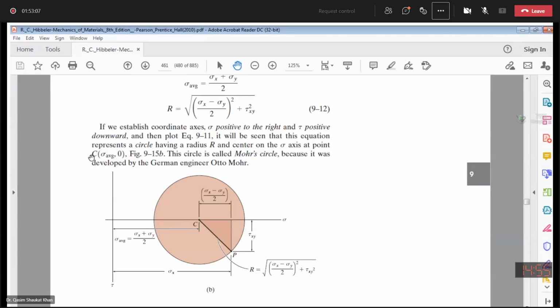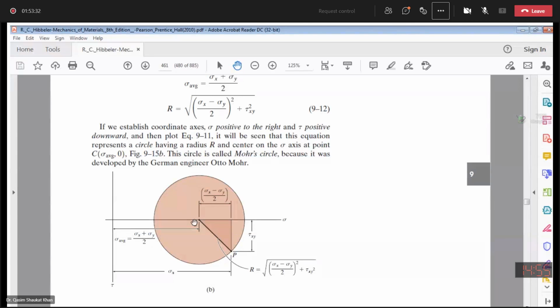So this will give me the center point of the Mohr circle. Origin is this one, 0, 0. This is the center point of the Mohr circle, whose coordinates are average normal stress and zero shear stress.